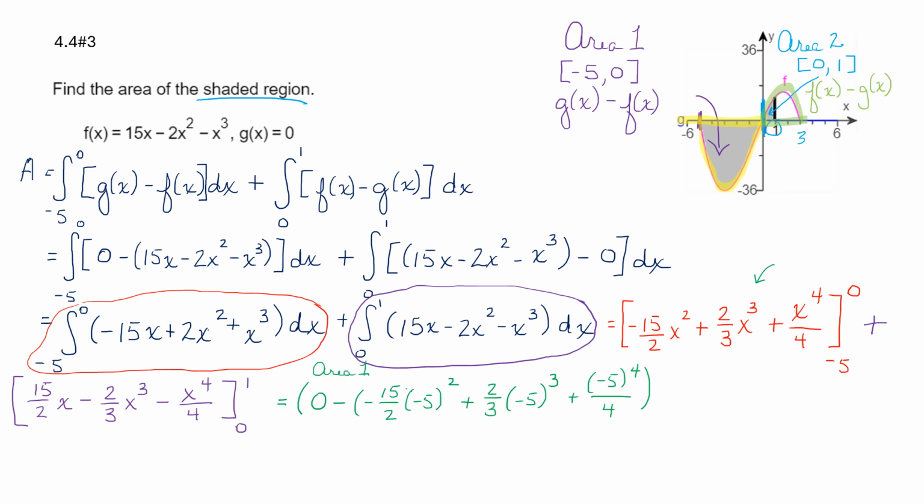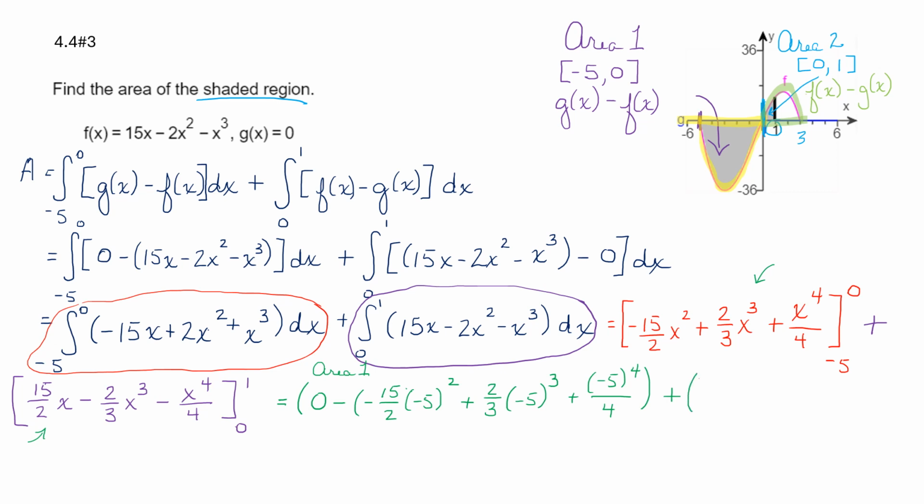Right, now I'm going to stick with green, and we're going to work this one. So first, we'll plug in 1 everywhere there is an x.